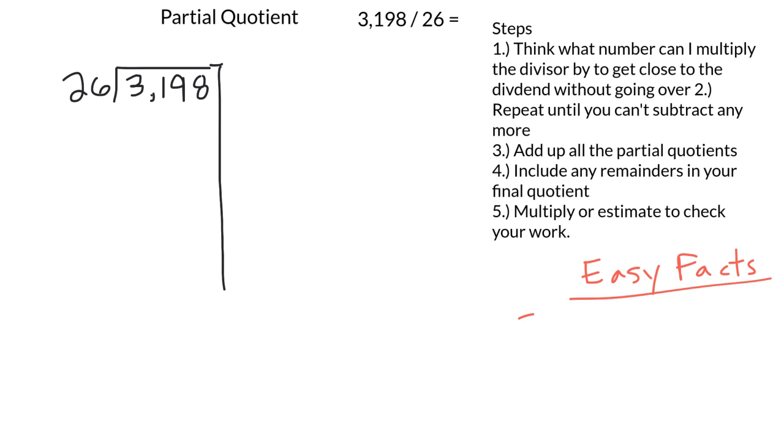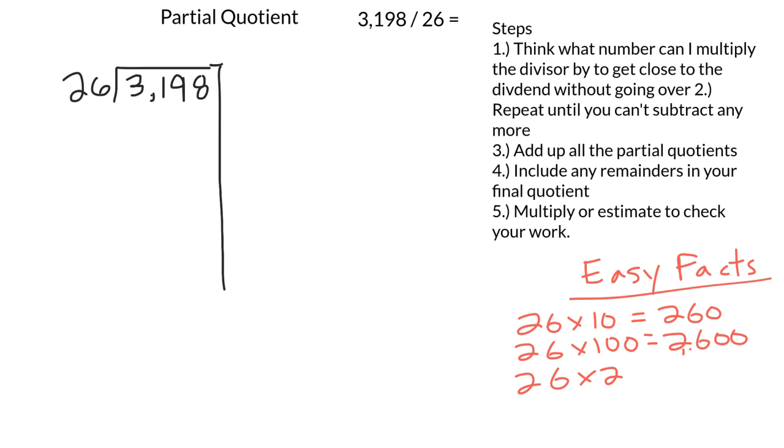Like first, I know that 26 times 10 equals 260. I know that 26 times 100 is going to equal 2,600. I know that 26 times 2 is 52. Okay, so we're going to use that for right now.